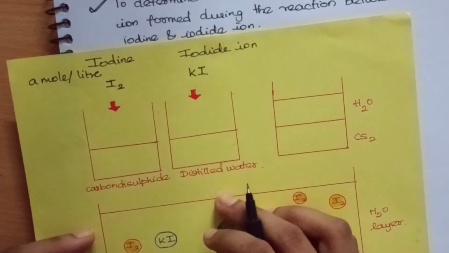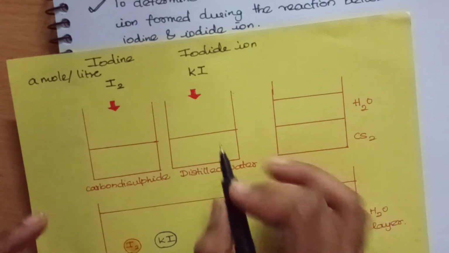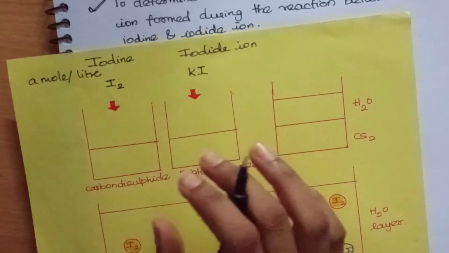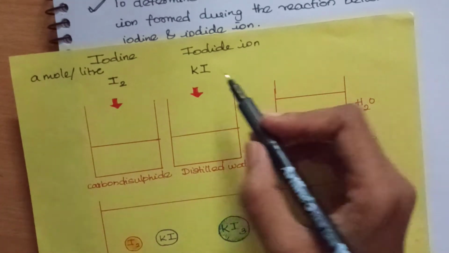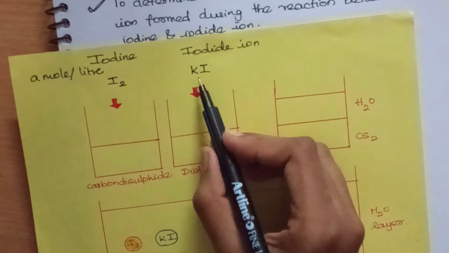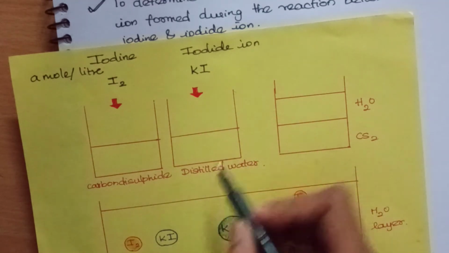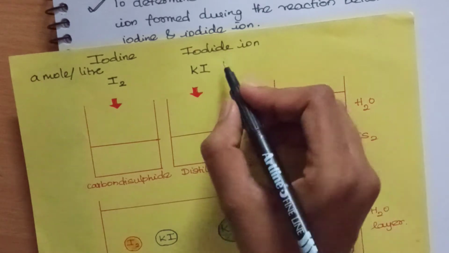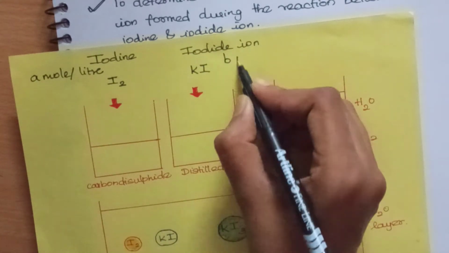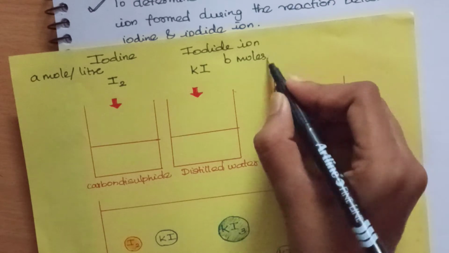It only contains H2O, no other ions present in it. The second solution is potassium iodide in water, and here the concentration of iodide ion, let it be B moles per liter.